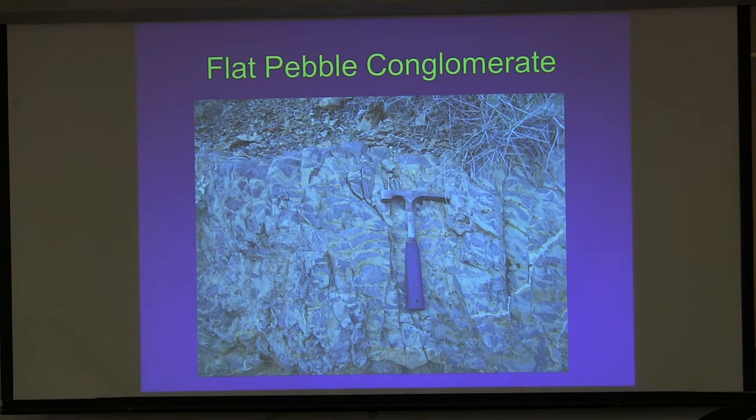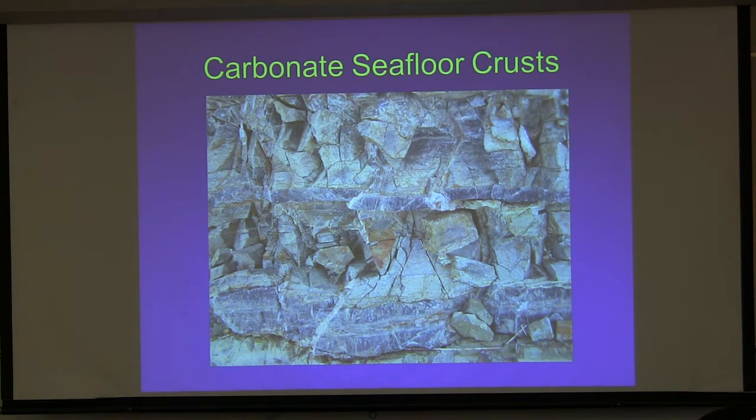Flat pebble conglomerates form when carbonate seafloor is cemented early. A storm comes in, rips up the sediment, and forms these flat pebbles in the conglomerate. Carbonate seafloor crusts form in hypercapnic conditions.